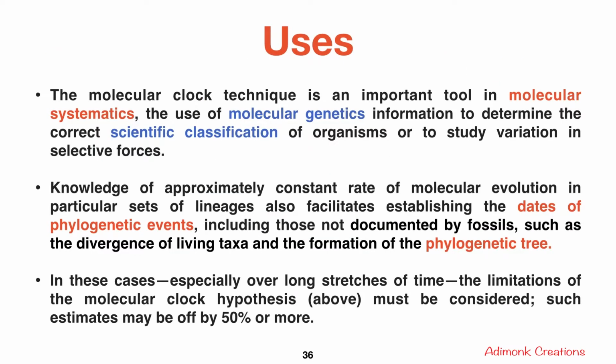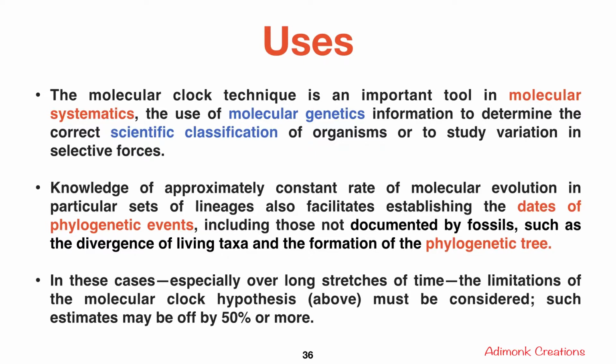Next are the uses of this molecular clock. The molecular clock technique plays a very important role in molecular systematics, the use of molecular genetics information to determine the correct scientific classification of organisms or to study variation in selective forces.